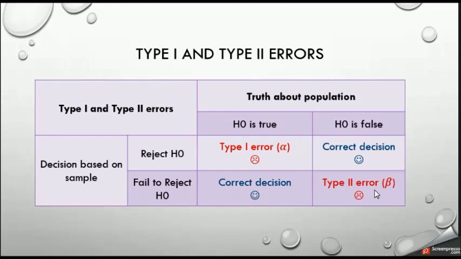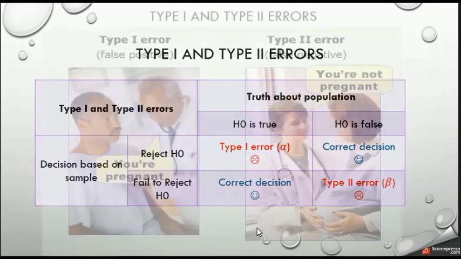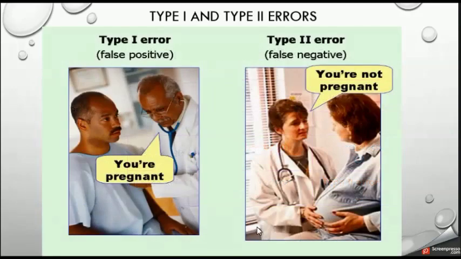So we have type 2 error, and the probability of type 2 error equals beta. Later we will see what beta is. Type 2 error is failing to reject the null when the null is false. So it is important to fail to reject the null only when the null hypothesis is true in reality. This is only an illustrating example.